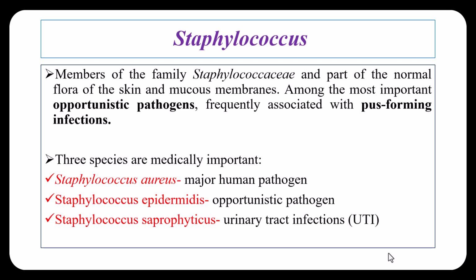Medically, there are three important species: Staphylococcus aureus, which is the most pathogenic one, Staphylococcus epidermidis, which is opportunistic, and Staphylococcus saprophyticus, which causes UTI, especially in young females.